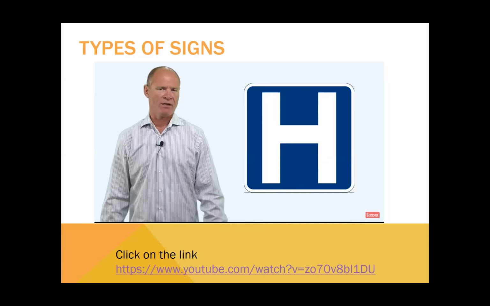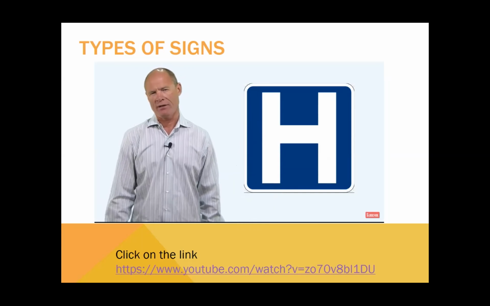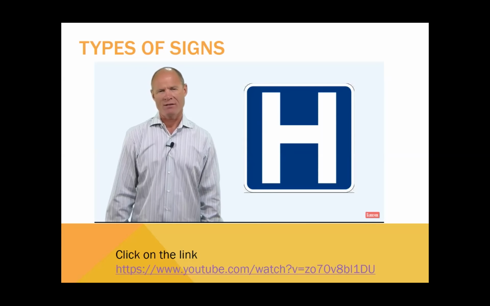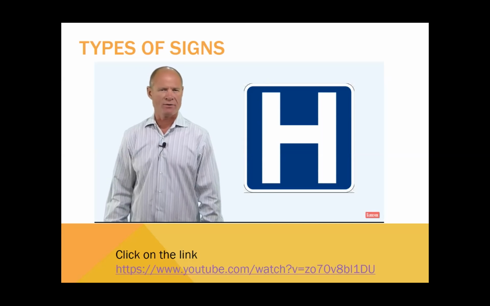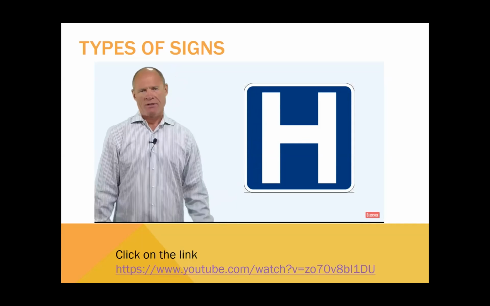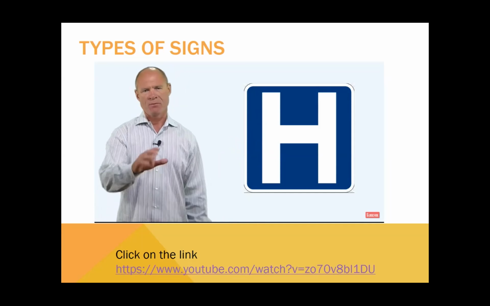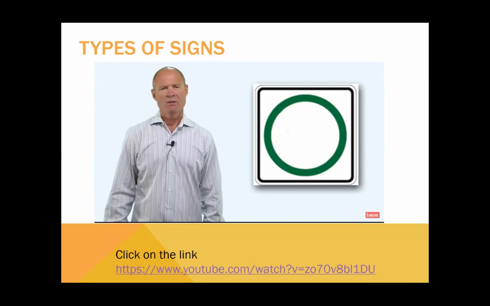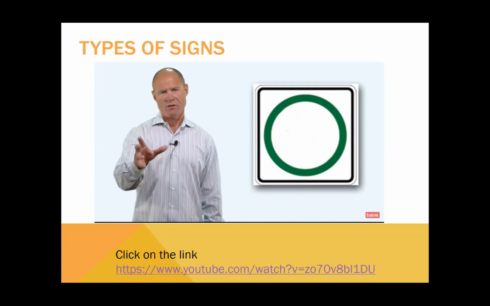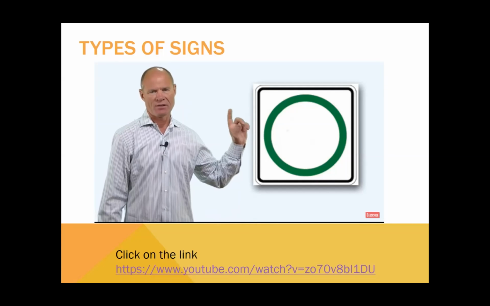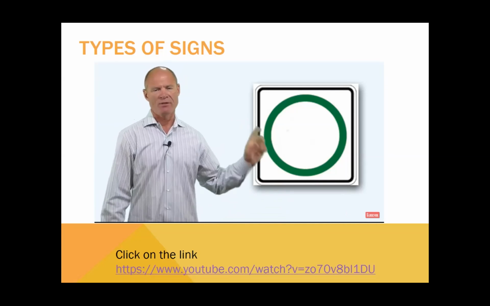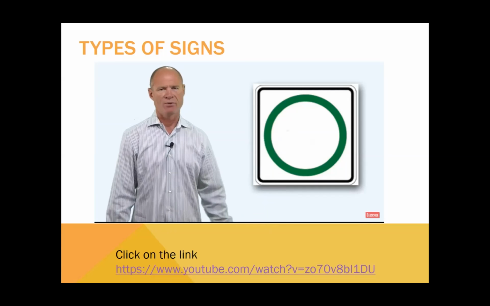Services signs are rectangular, blue with a white background, and lettering or symbols are white on them, usually indicating hospitals or other services. Hospitals are the most prominent, as you can see here in the image. Action permitted, rectangular in shape with a green circle. Whatever action is permitted, turning to the left, turning to the right, stopping, those types of things will be with an action permitted.